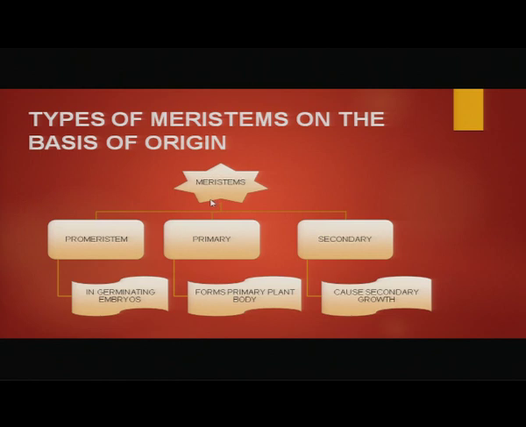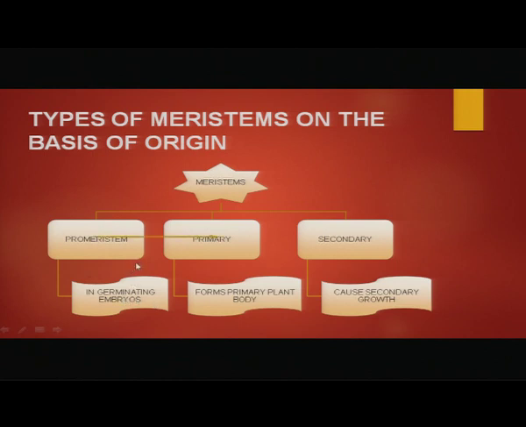When we talk about origin, the meristematic tissues can be divided into promeristems, primary meristems and secondary meristems. Promeristems are the ones which are present in germinating embryos or germinating seedlings when they are very young, and the derivatives of these meristems provide new cells for the plant body.